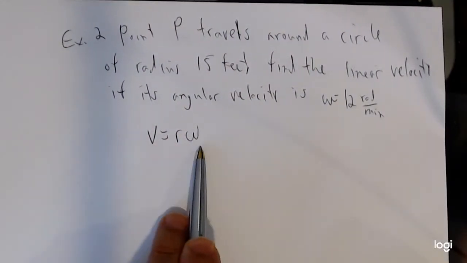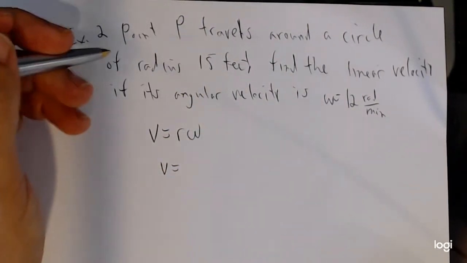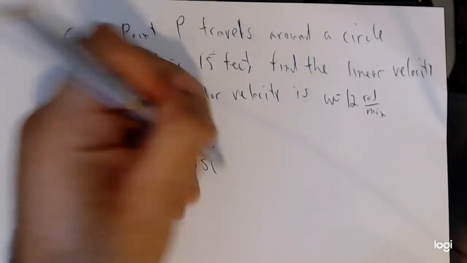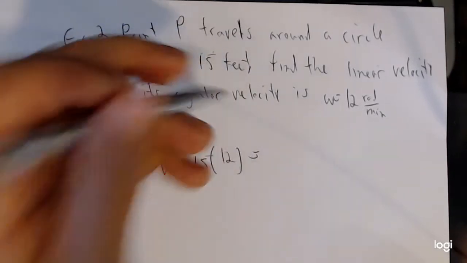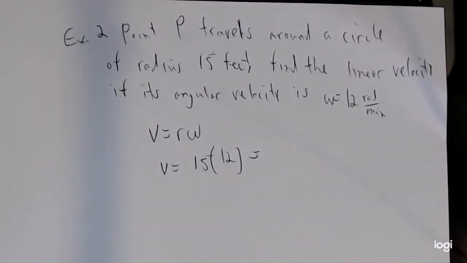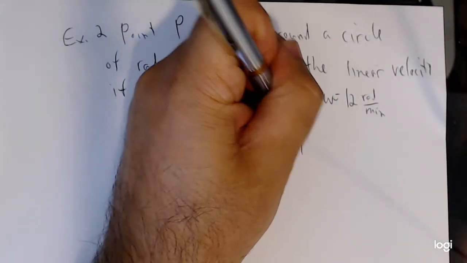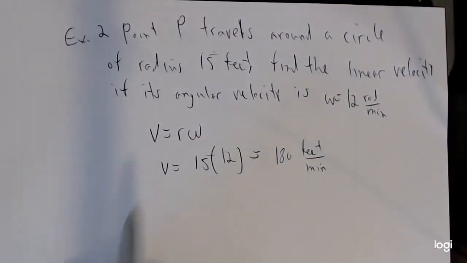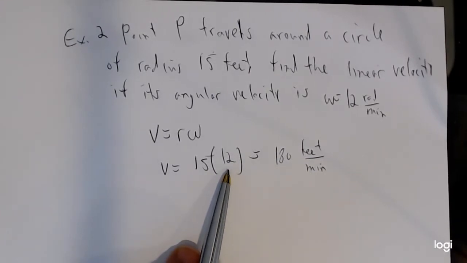We have the angular velocity and we have the radius, so that makes this very straightforward: 15 feet times 12 radians per minute. Once we multiply that out, we get 180 feet per minute, because the radius was measured in feet and the unit of time on the angular velocity was minutes.